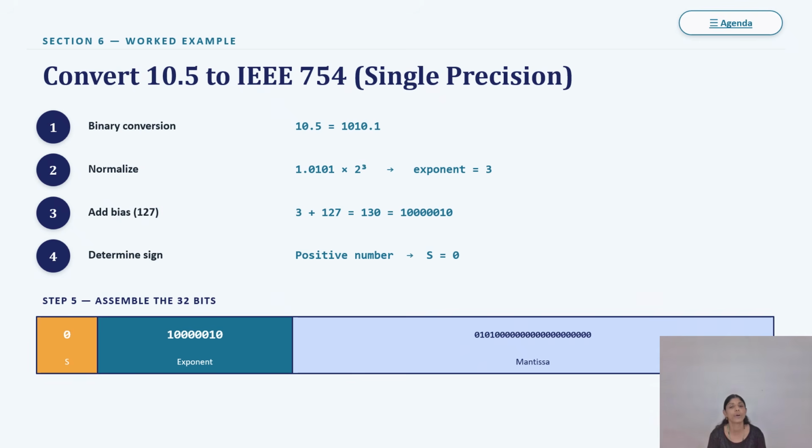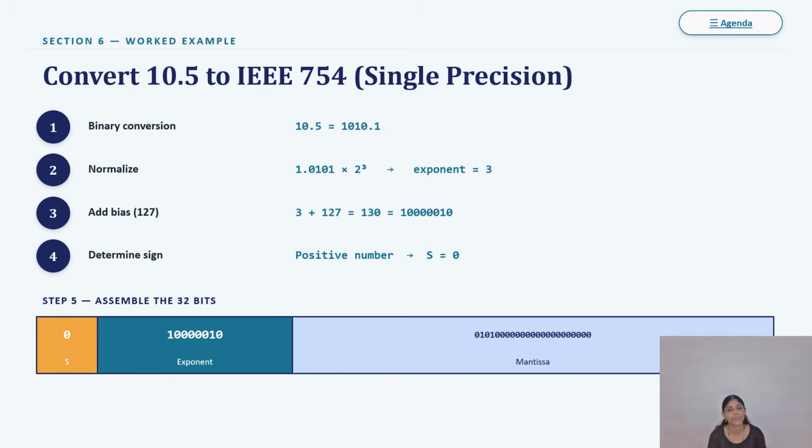Next step, what you have to do? You have to normalize this. For normalizing, I am going into my exponent part. What is the exponent I have taken? I have taken my exponent as 3, meaning the decimal point should move 3 places earlier.